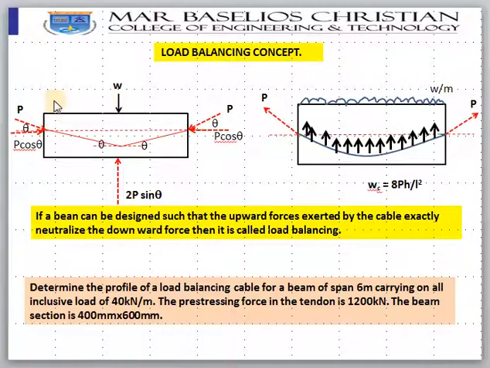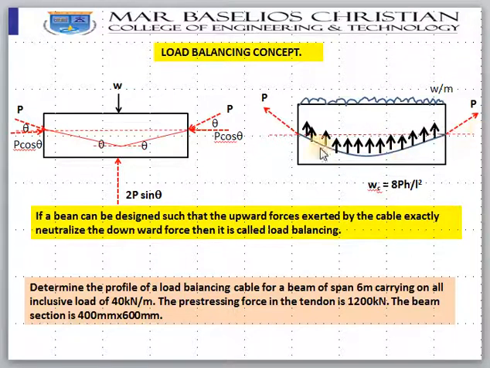Let us see. You would have seen this one if you remember, the beam with the bent up tendons. This one is beam with parabolic tendons. So let us say in this case load is W, a point load is acting downward. When you pull this tendon, you know that a 2P sin theta force will be acting upward actually. And for calculation purpose, you will take the net load, W minus 2P sin theta. And here, load W per meter, a UDL, is acting downward.